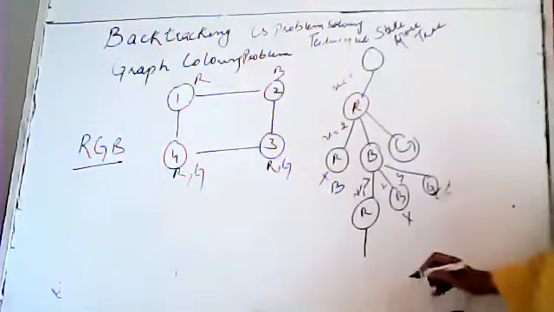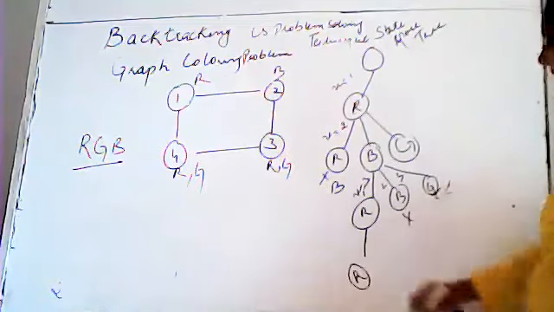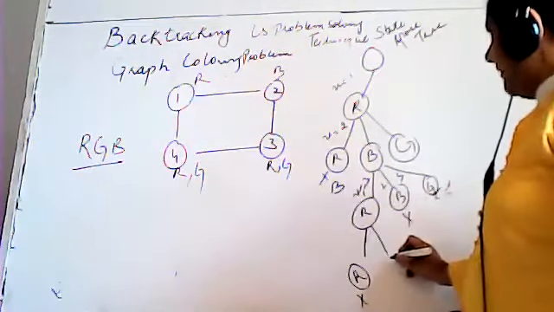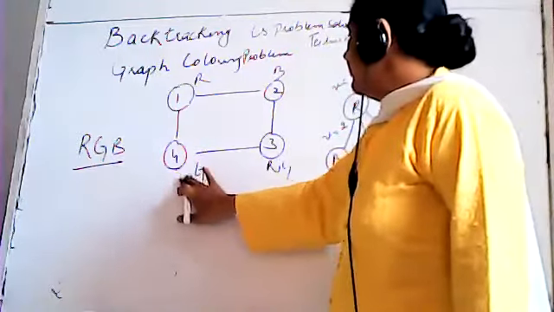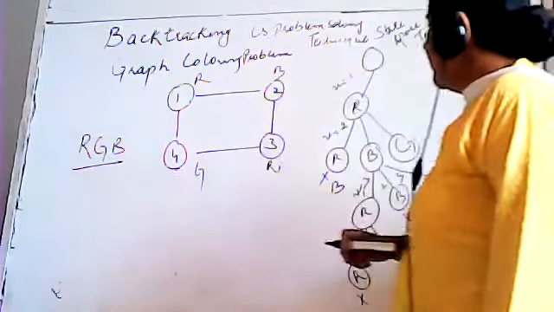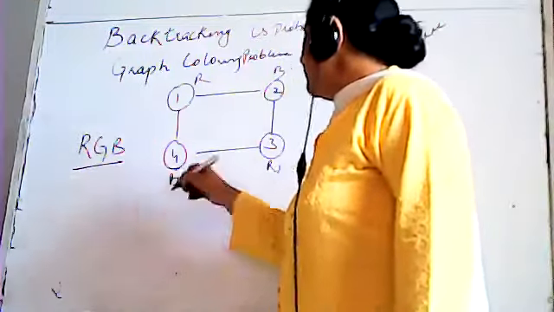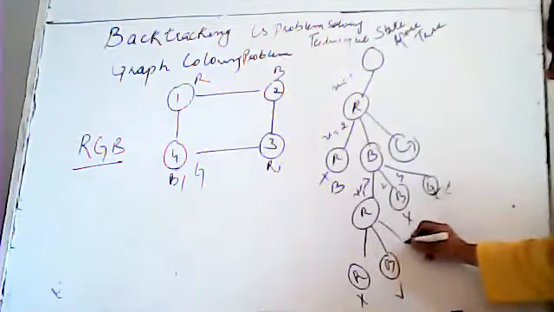Red cannot go with red. That is the bounding function. If you have given red here, then you can give either green or blue. See, blue yes, green yes.